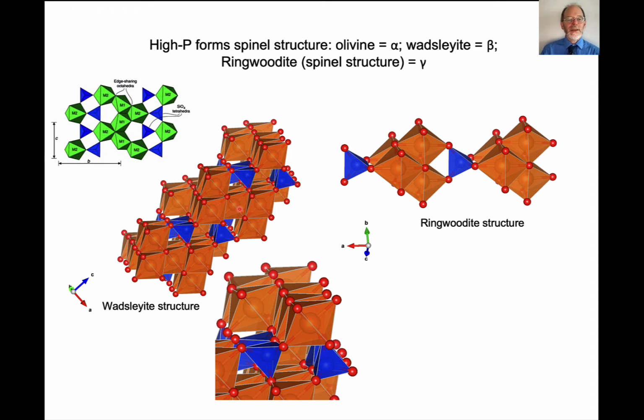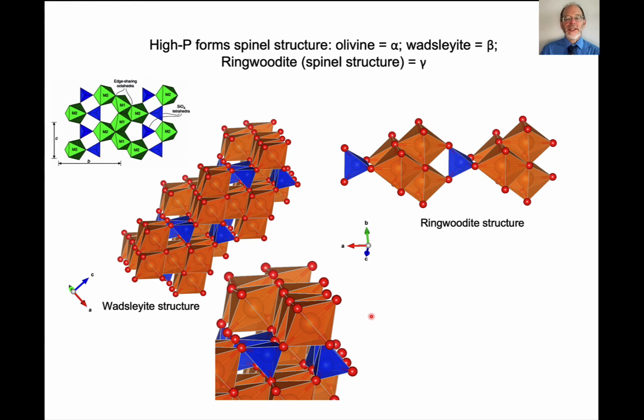In Wadsleyite, there are also zigzag chains that run through here, but they're connected differently with the silica tetrahedra. And if you look at these silica tetrahedra up close, then you'll see that there are actually 2 of these connected. These are pointing down, two over here pointing up. And so they go along in pairs.